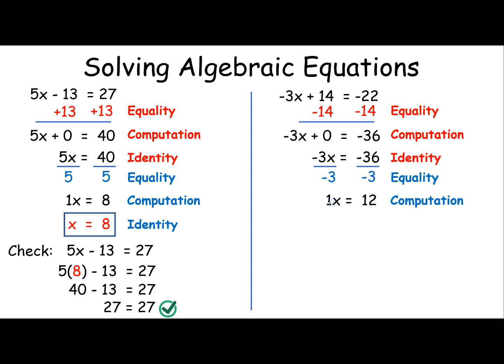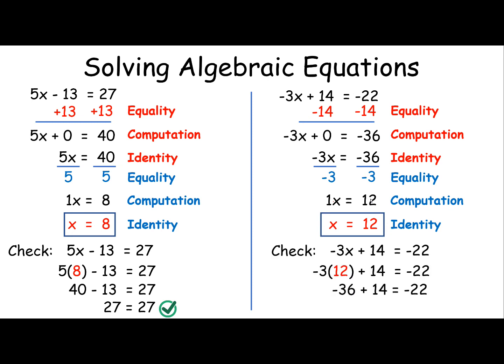I wanted this 1 because the identity property says multiplying by 1 doesn't do anything, and so I can get rid of it. If I wanted to, I could also go through and check. Remember, rewrite, substitute, simplify. If what's left is true, you know your answer is correct. Whew. It's a lot, right? Notice again, equality, computation, identity, equality, computation, identity.